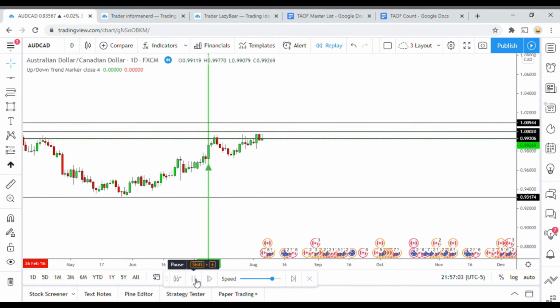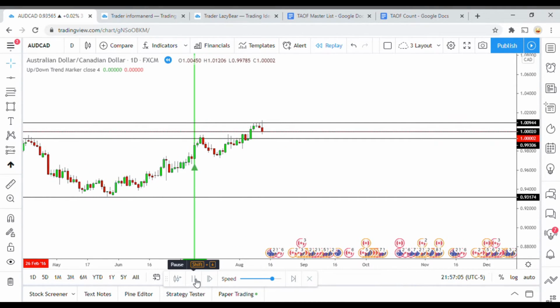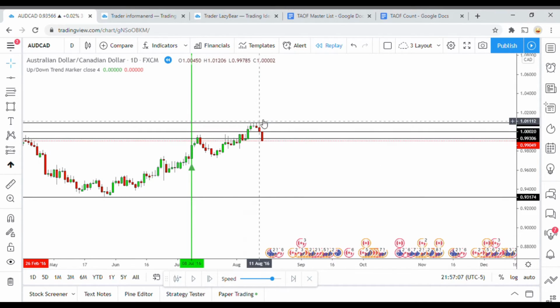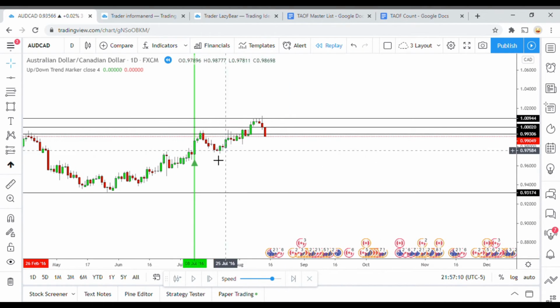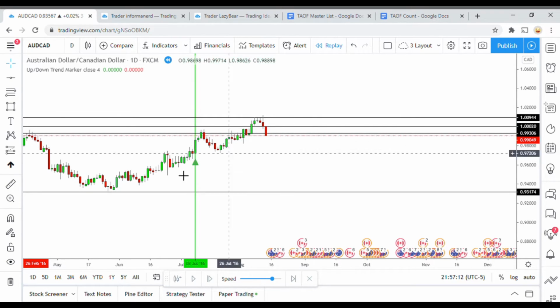Let's play it forward and see what it does. It's breaking through those. Now it's starting to reject that area. It's pulled up, hit those a few times.